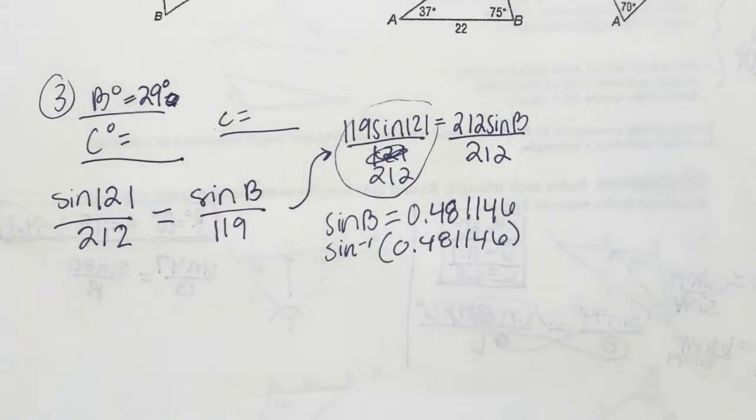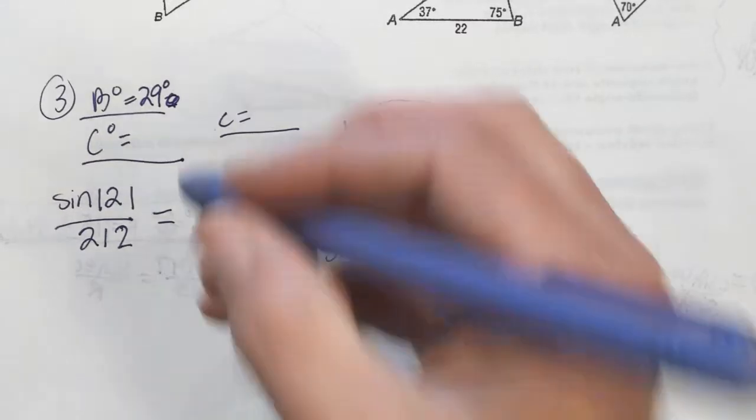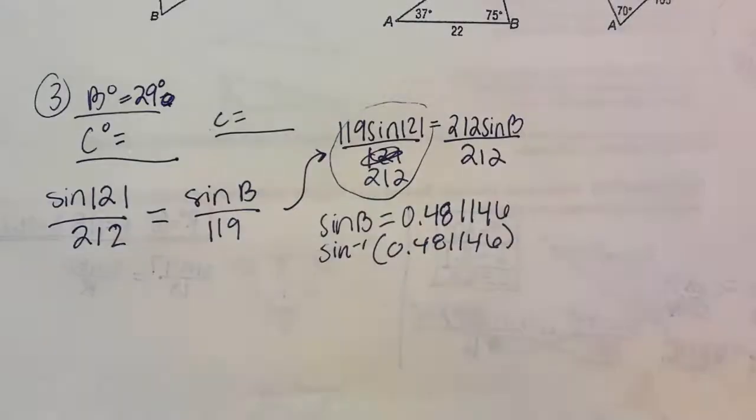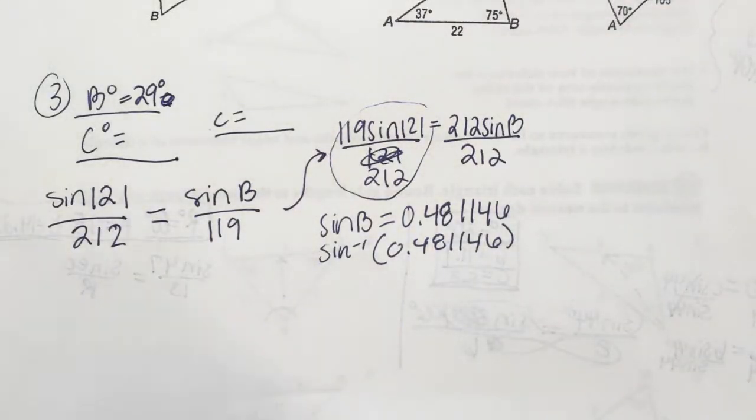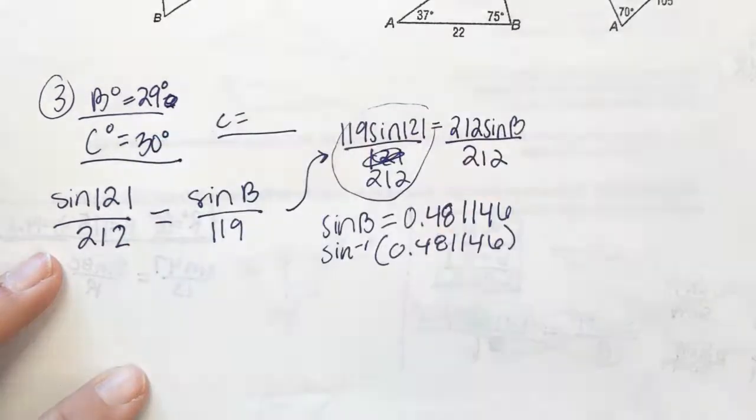Okay, now we just need angle C and side C. Which one could we solve for first? Angle, because now we have 2 angles, right? We have 121 and this 29, so go ahead and find angle C. What is it? 30. Very good. Alright, now how do we find side C?